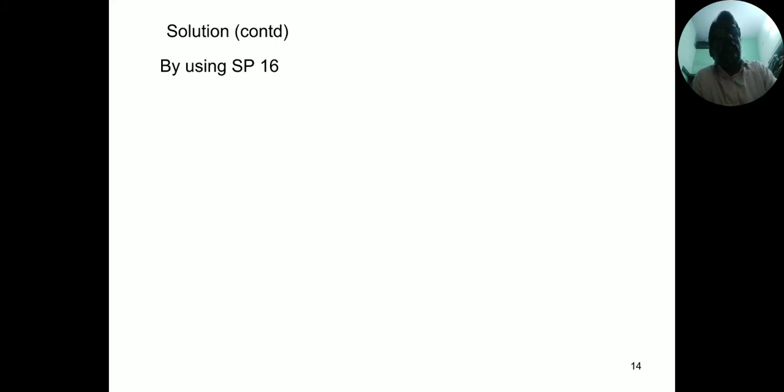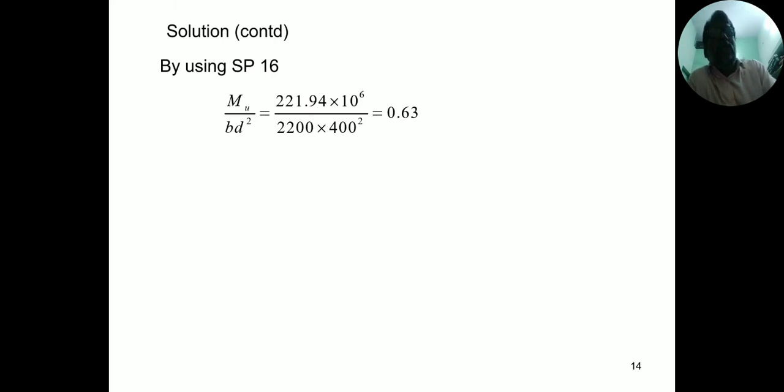Using SP16: MU by BD square is 221.94 into 10 to the power of 6 divided by 2200 into 400 square, which is equal to 0.63.